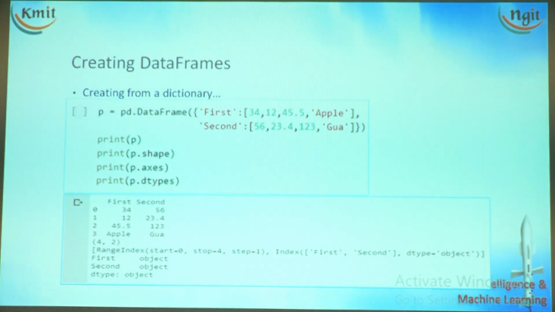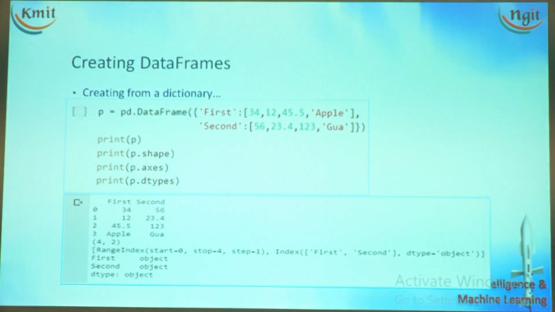Now you can see what is the shape of this data frame, guys. What is the shape of the data frame that you are getting here? Now it is a proper data frame with 4 rows and 2 columns. The columns have been automatically labeled, and the names of the labels are equivalent to your key names.